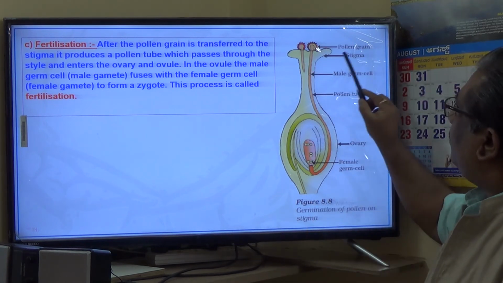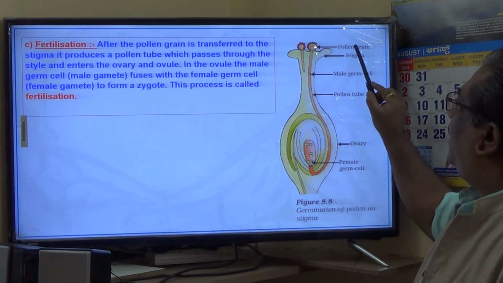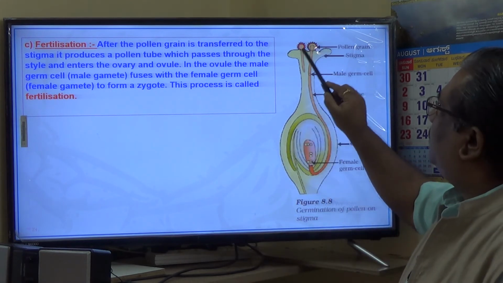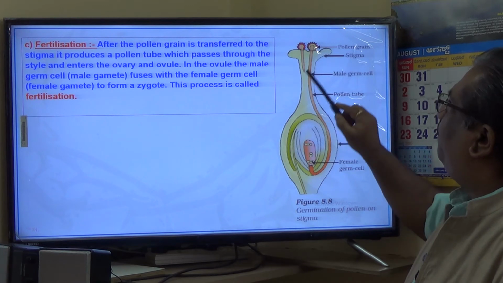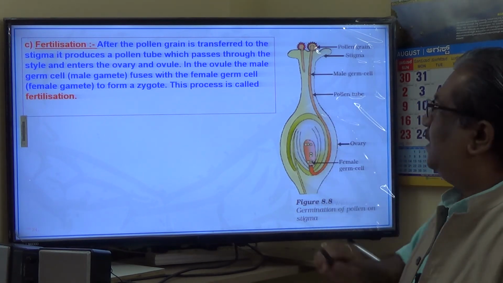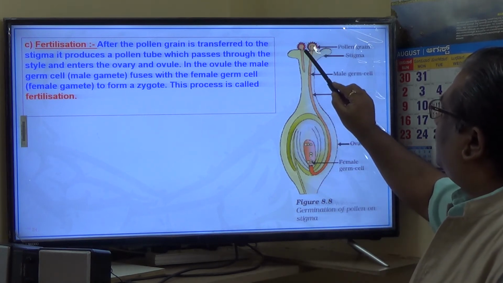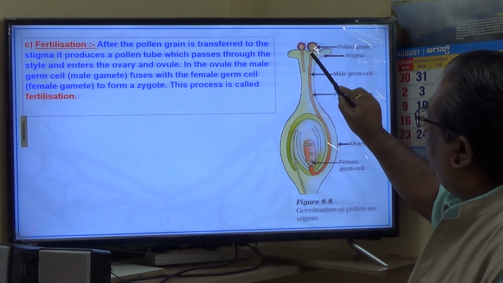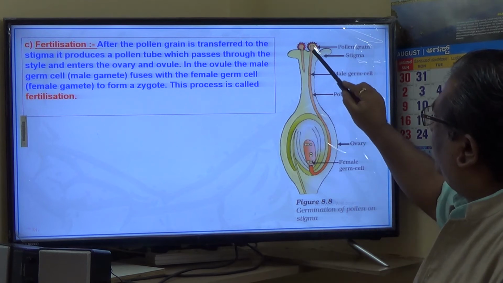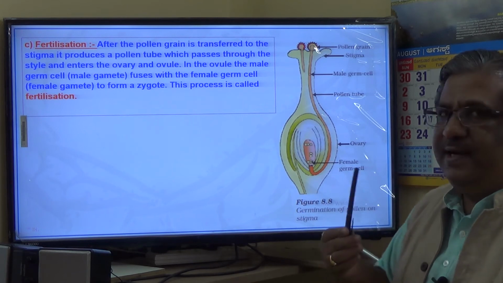See, this is a pollen grain which is a male gamete, and that pollen grain is yellowish in color. Once that is transferred to the stigma, which is the sticky part, pollination has taken place. So once this is transferred, the pollen grain sits on the stigma and a pollen tube is developed. This is a pollen tube, and where is it passing through?